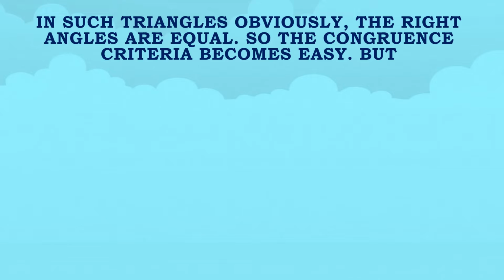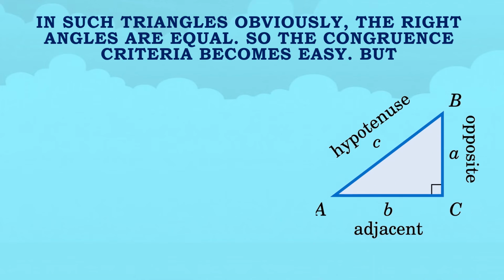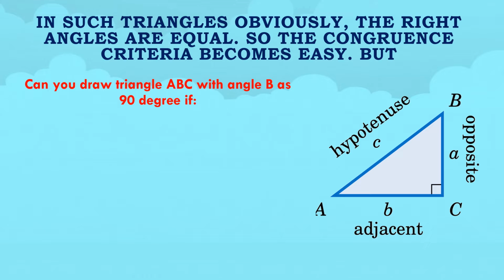In such triangles, obviously the right angles are equal, so the congruence criteria becomes easy. But if you have a triangle ABC which is right angled at C, then can you draw a triangle ABC with angle B as 90 degrees if only BC is known?